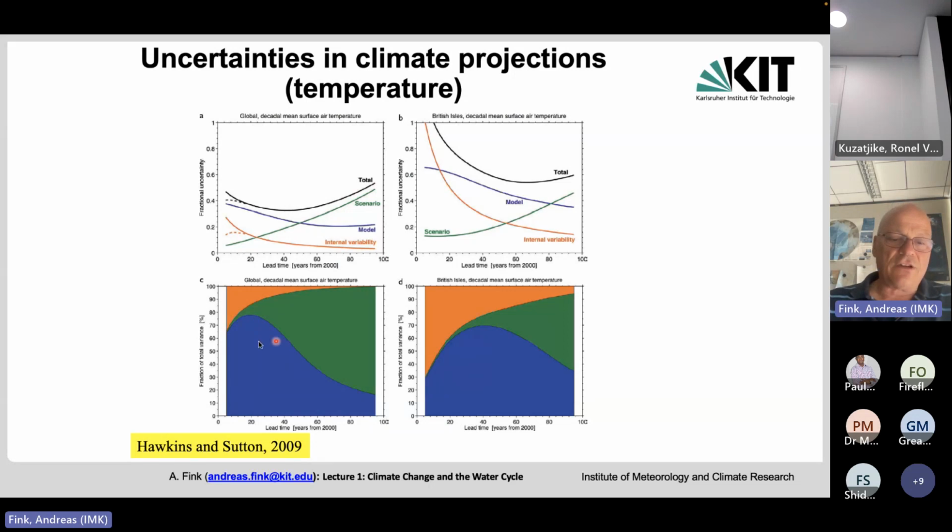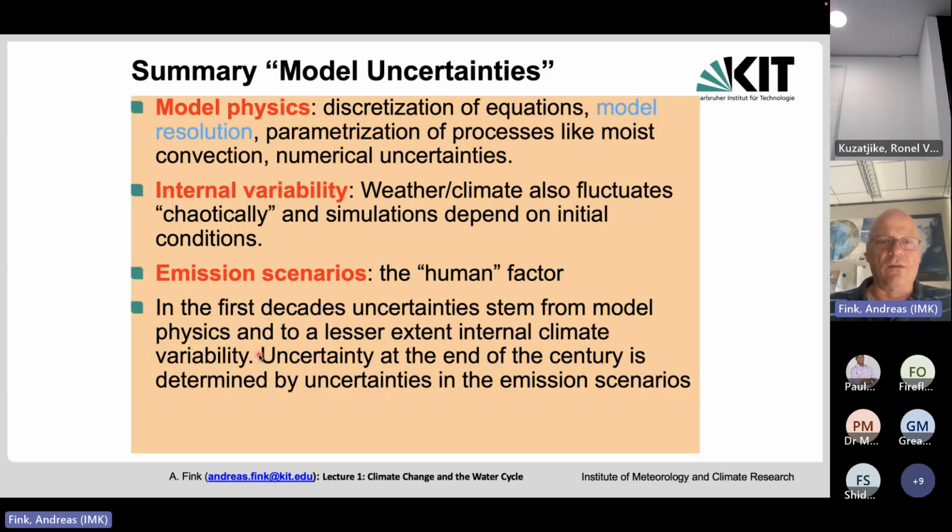You see, especially in the next decades, a lot of the uncertainty in the climate projections comes from the imperfect models. Well, there's always noise in the climate. Climate varies. This is the orange color, which goes away. And then this green color is the uncertainty in the climate projections due to how much greenhouse gases mankind will actually emit. But you see, imperfect models play a role.